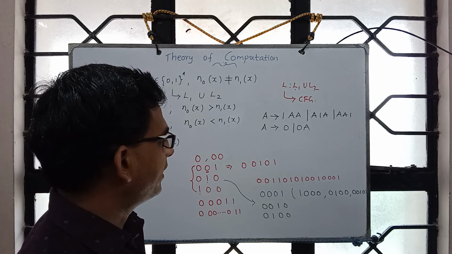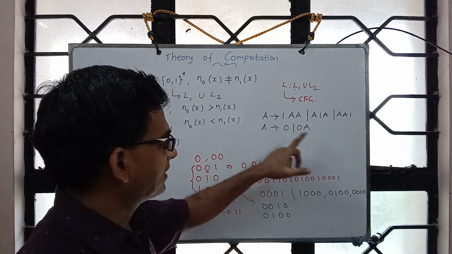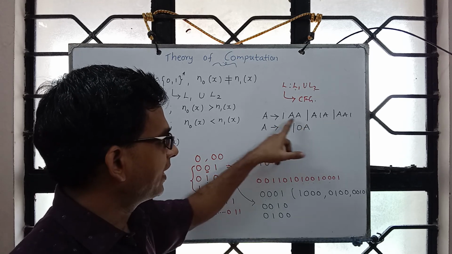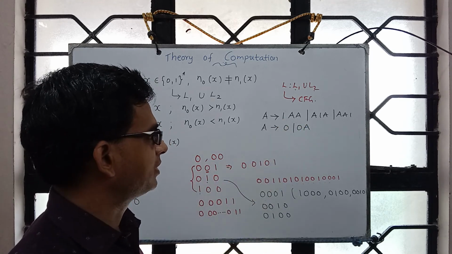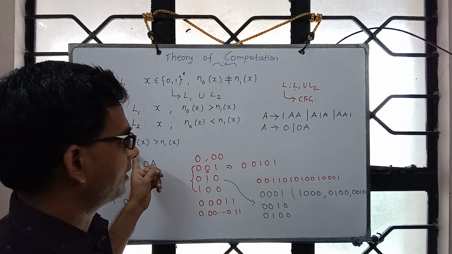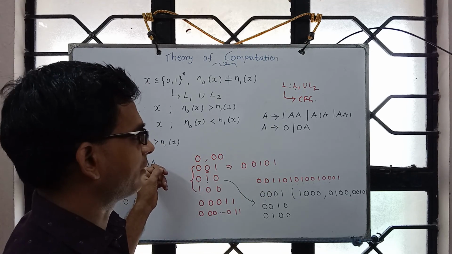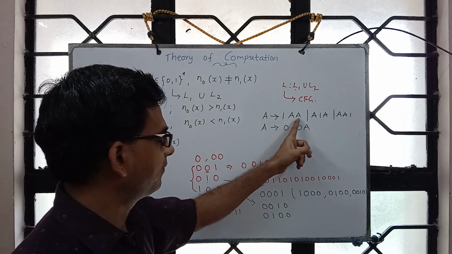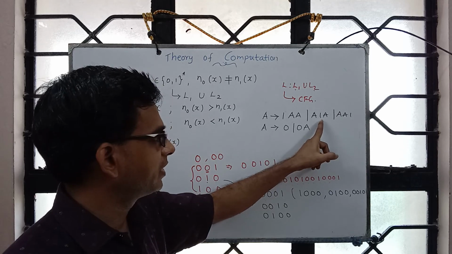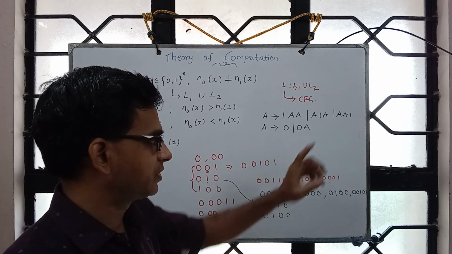So you never introduce 1 just like that. You never introduce 1 without looking at the corresponding zeros, because you should guarantee that the number of zeros is at least 1 more, right? Which is why we have 2 A's. And this will ensure if a 1 is introduced, you have at least 2 zeros.